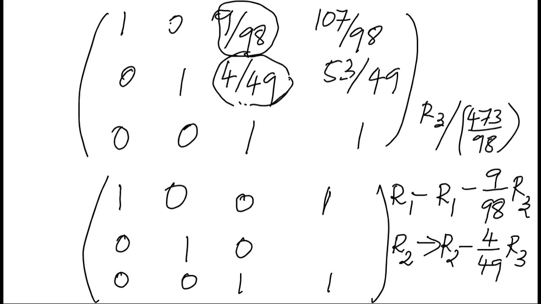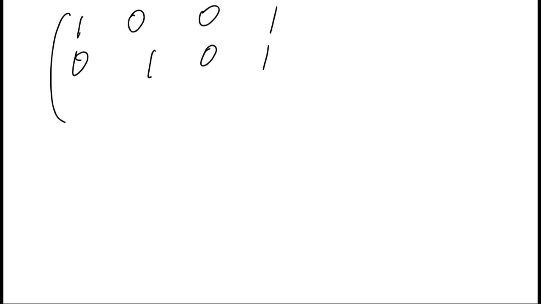So 53 by 49 minus 4 by 49 gives you 1, right? So you have this matrix now, that is 1 0 0 1, 0 1 0 1, 0 0 1 1.